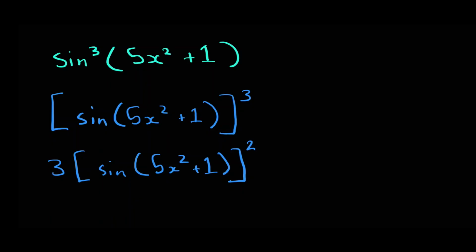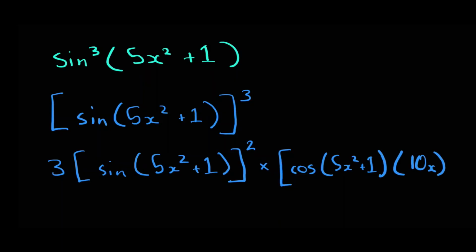And now we need to multiply by the derivative of the inner function. And because the inner function is a function of a function, we're going to need to use the chain rule again. So we're going to multiply by cosine of 5x squared plus 1, because we just differentiated the outer function, and the derivative of sine is cosine. And then multiply that by the derivative of 5x squared plus 1, which is 10x.